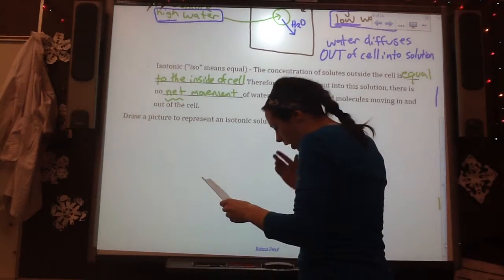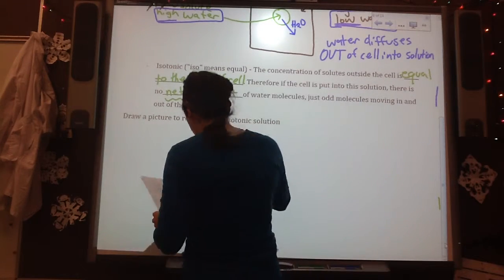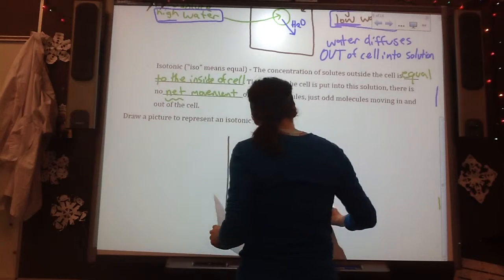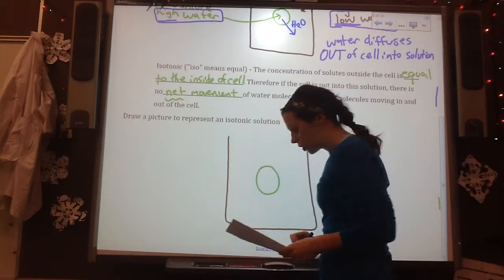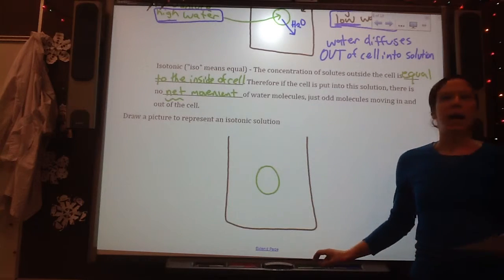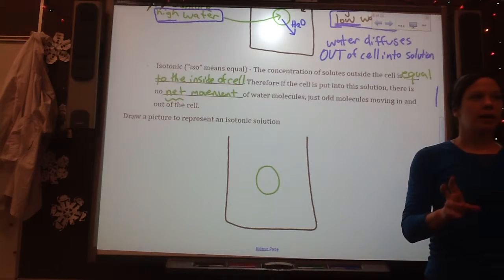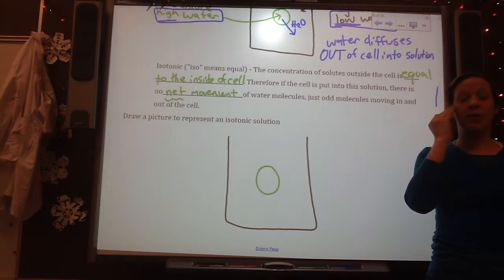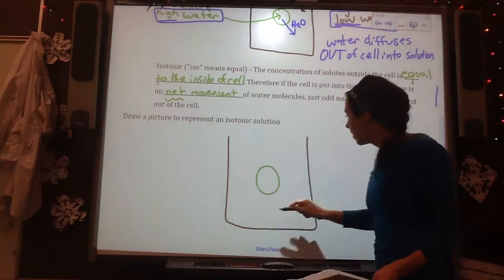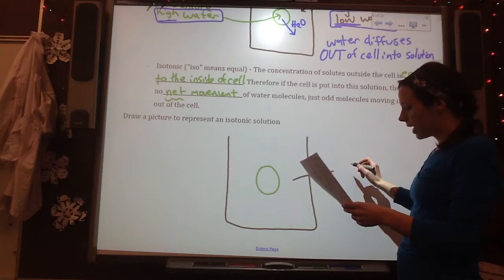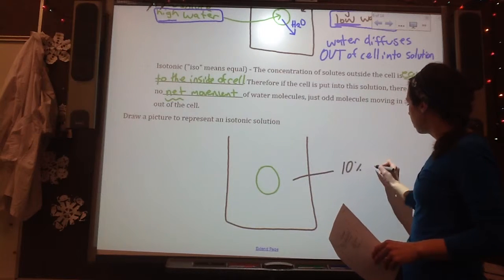an isotonic? So here, let's have our beaker, and here's our cell. Because the comparison is going to be equal, I'm actually going to use numerical values for this one. So let's say the solution is 10% solute.